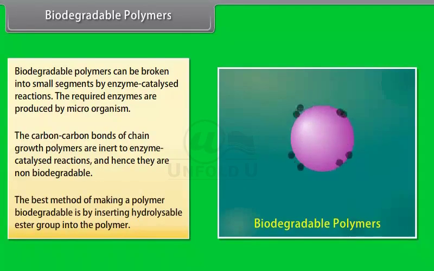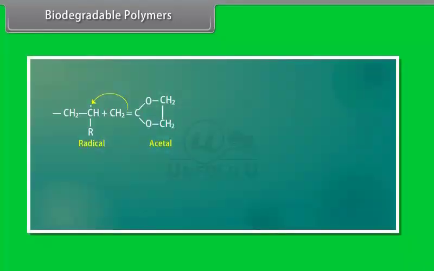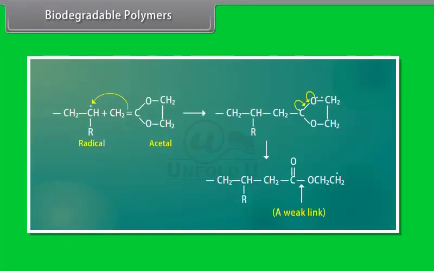The best method of making a polymer biodegradable is by inserting hydrolyzable ester groups in the polymer. For example, if acetal is added to an alkene undergoing radical polymerization, ester groups will be inserted into the polymer. The weak links in the polymer are susceptible to enzyme-catalyzed hydrolysis.